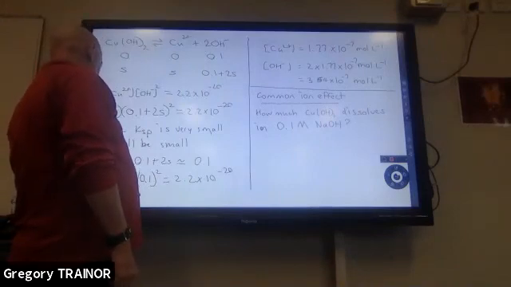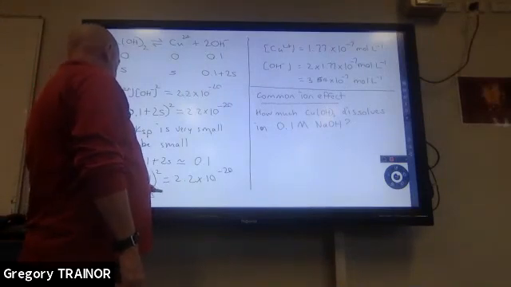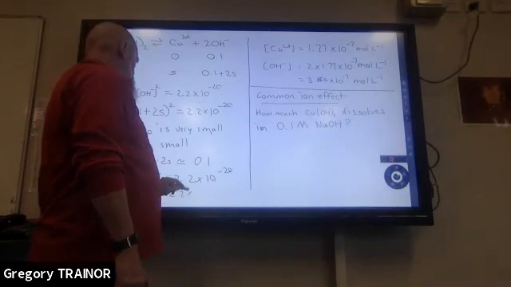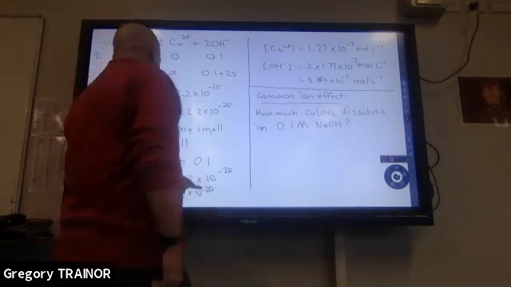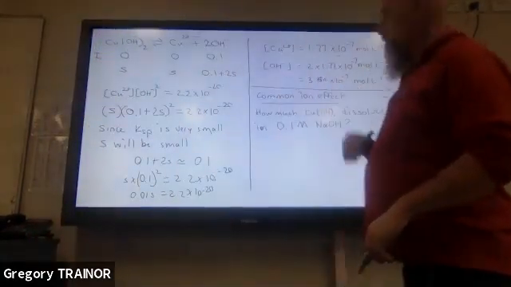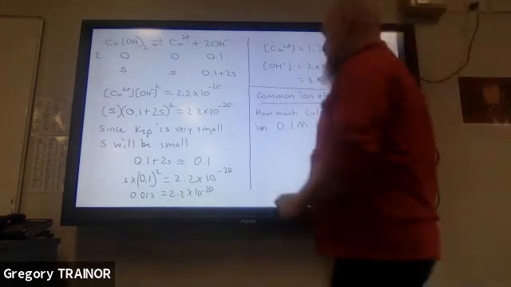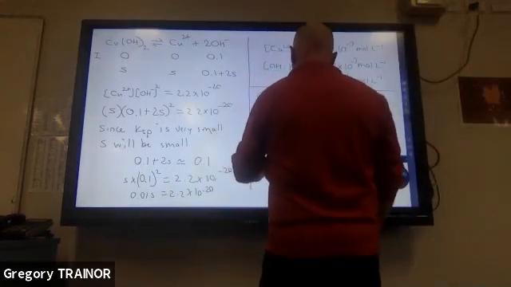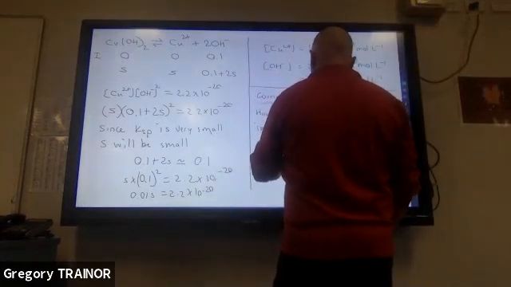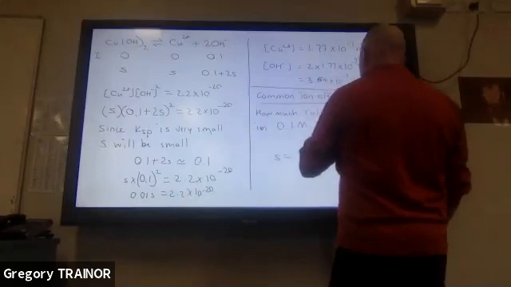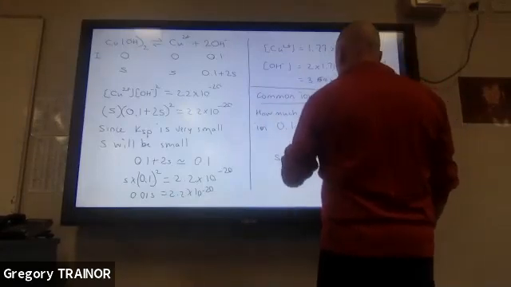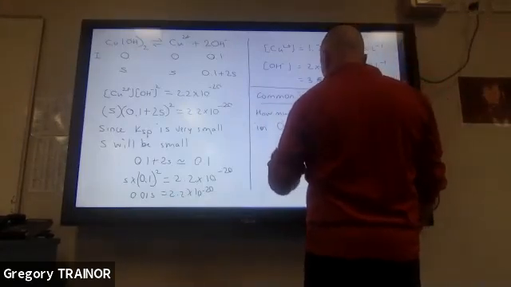So 0.01 S is equal to 2.2 times 10 to the minus 20. So that means we divide both sides by 0.01. So S is equal to 2.2 times 10 to the minus 20 divided by 0.01.